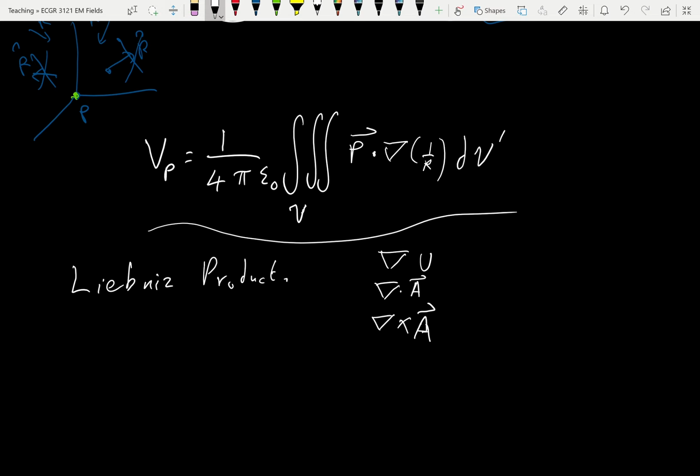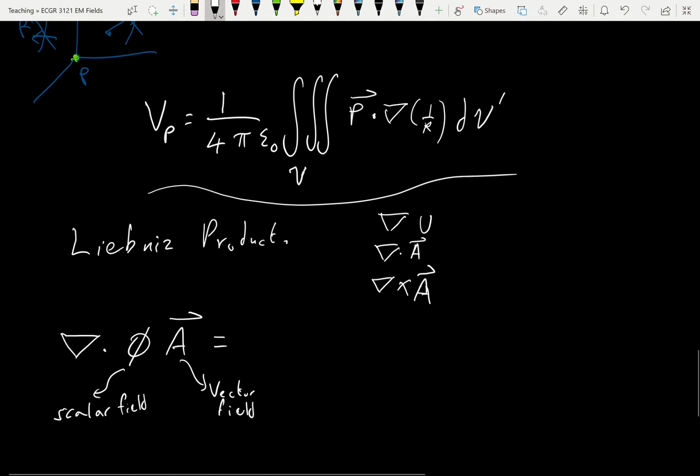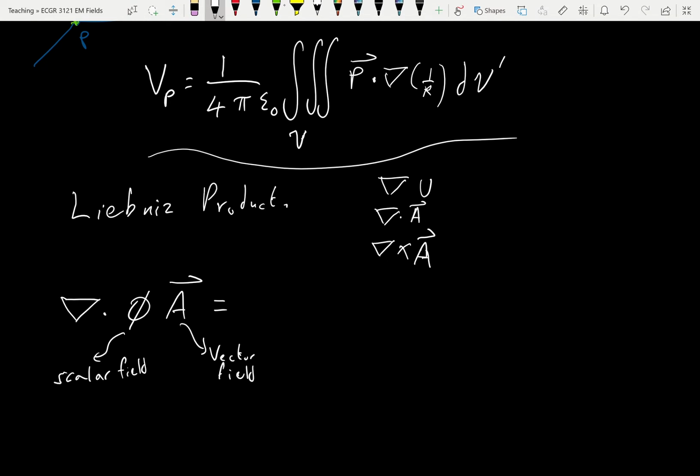The version we want to use is the one for divergence. If I have a divergence of a scalar field times a vector field, the Leibniz rule states that I can use the product rule: the scalar field times the divergence of the vector field, plus the gradient of the scalar field dot the vector field.